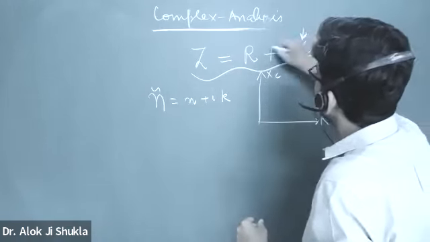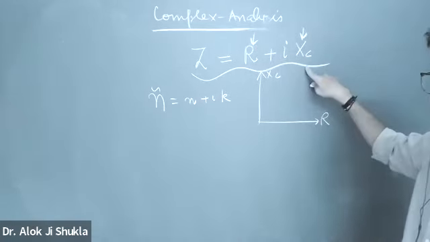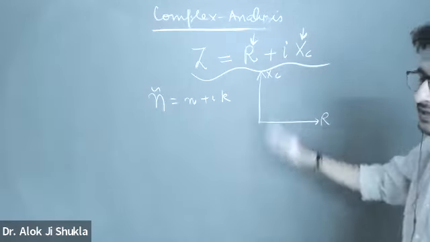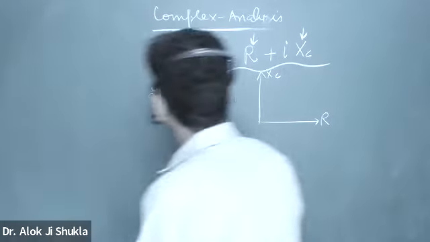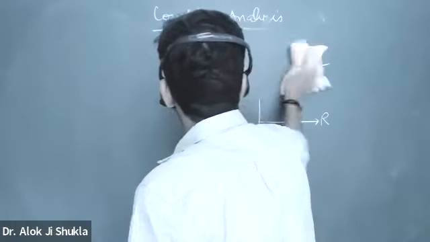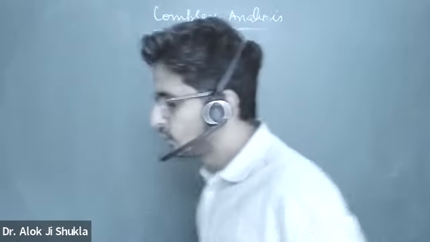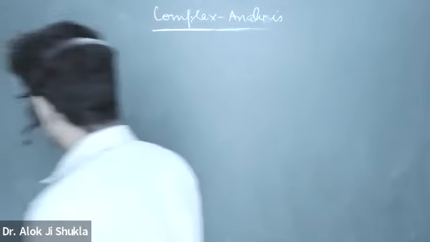Both have unit ohm, but they behave differently to resistor and capacitor. So that different behavior is written together in the form of a complex number. Okay? That distinct behavior. So those quantities having a phase difference can be represented using complex numbers.